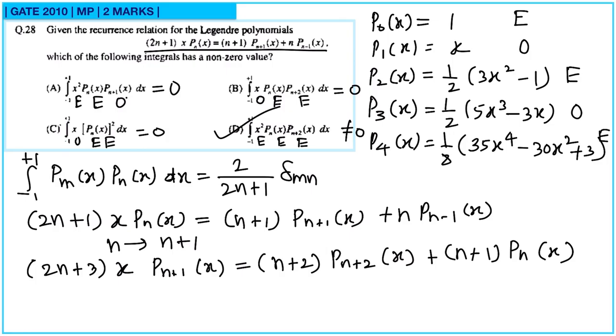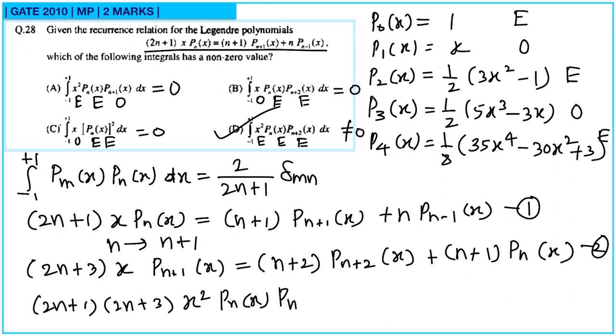Now in the first integral, it is multiplication of Pn(x) into Pn plus 1(x), and also x square is there. So we can multiply the left hand side of this equation, let this be equation 1 and equation 2. So this function will be 2n plus 1 into 2n plus 3 into x square into Pn(x), Pn plus 1(x). This will be the left hand side.